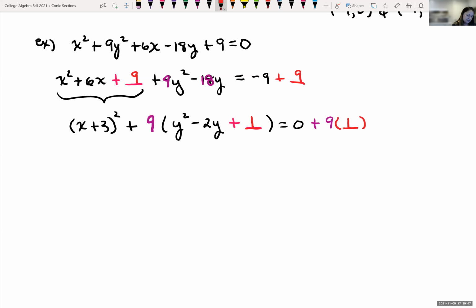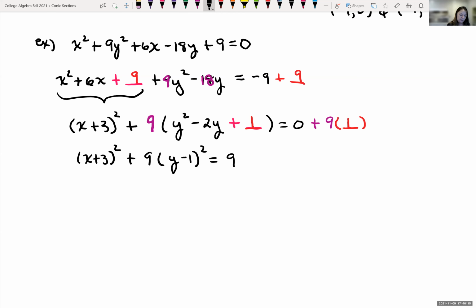So let's rewrite that. That's now a perfect square. So this is x plus 3 quantity squared plus 9 all times y minus 1 quantity squared equals 9. Every single standard form for that ellipse was always equal to 1. And that coefficient is equal to 9.